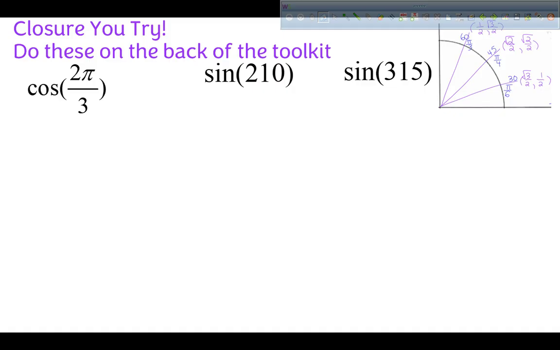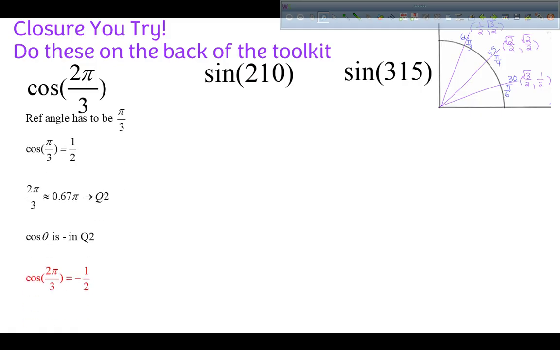All right, so here's what I got. I knew my reference angle had to be pi over 3 because the only reference angles are pi over 3, pi over 6, and pi over 4. And the fact that it has a pi over 3 in it makes that obvious. So I want to focus in on the pi over 3 stuff, and the x value there is 1/2. So I knew that my answer was going to be a 1/2.